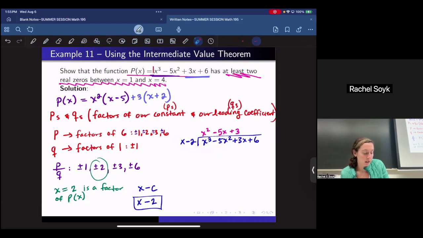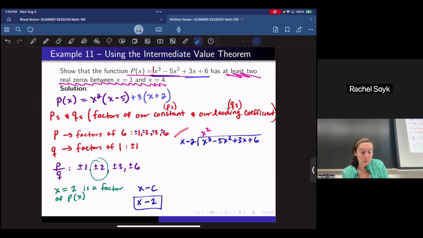And now, what we want to do is, wait, did I do this wrong? Yeah, I did this wrong. You're only looking at the first term first, x squared, right? It's a process. So x times what gives you x cubed, x squared.